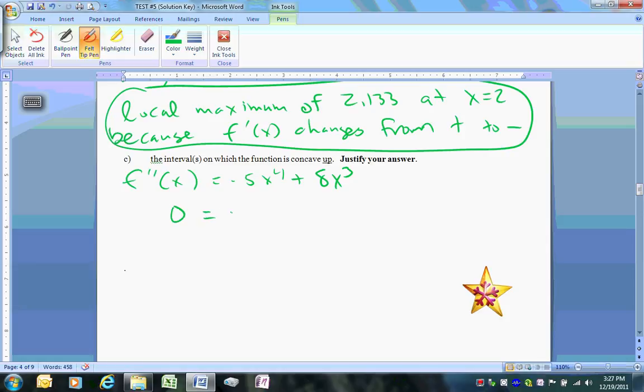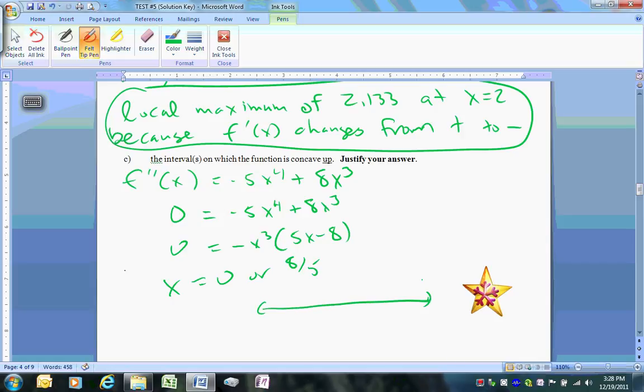We'll need to see the intervals where it's concave up and concave down, so we first set the second derivative equal to 0. And you can factor out a negative x cubed. Let's get 5x minus 8. So 0 or 8/5 is where we could see changes in concavity.